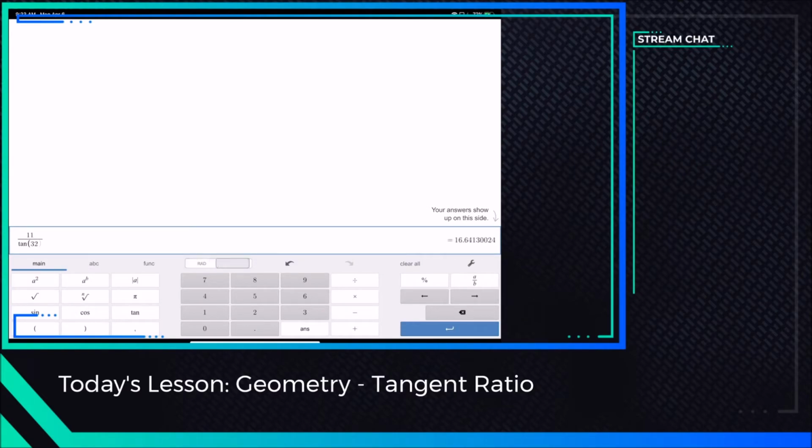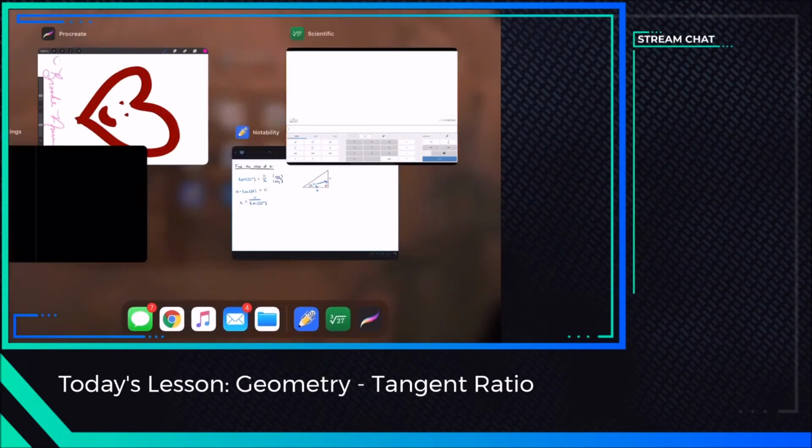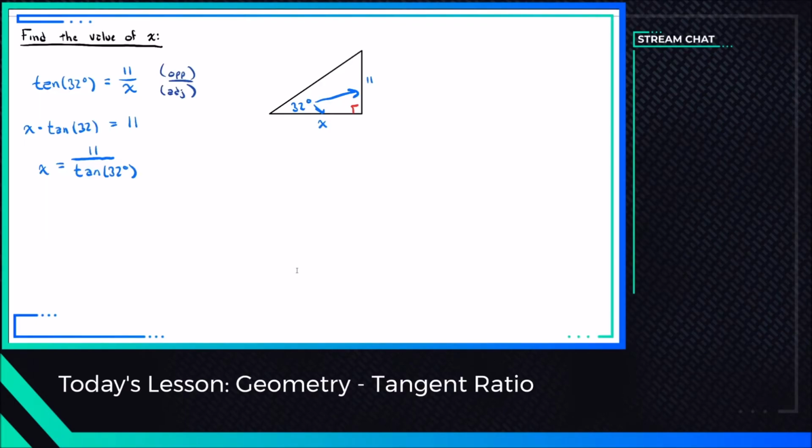Make sure you're in degrees up here. If you see a rad, switch that over to degrees. And that is going to be approximately 17.6. So x is approximately 17.6.